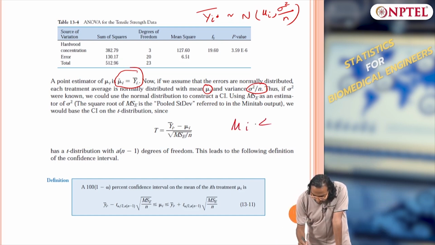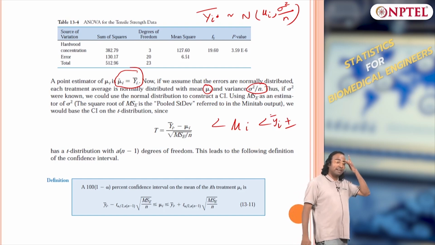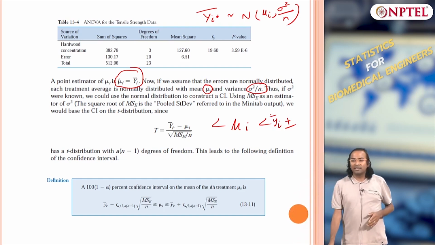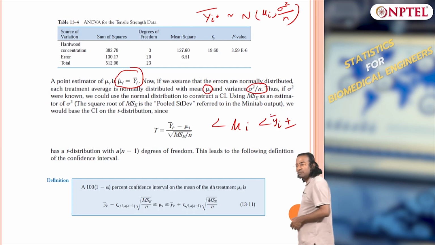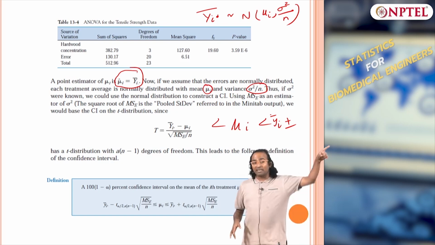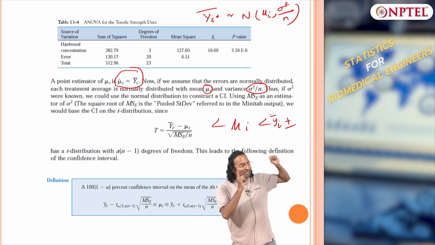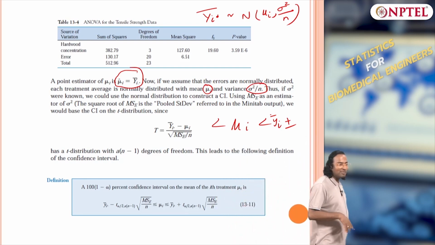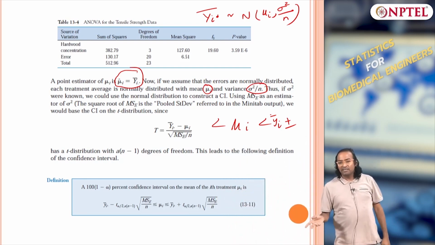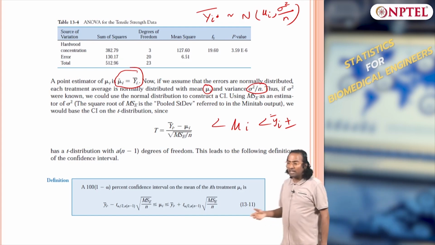Mu i will lie between yi dot bar plus or minus a t distribution or z distribution value, depending upon the degrees of freedom. If you have more than 30 degrees of freedom, it will automatically become a normal distribution. If it is less than 30, remember the underlying population assumption is normal. All of this is under the assumption that the underlying population is normal. Then it becomes a t distribution, so you have t of alpha by 2 with degrees of freedom.